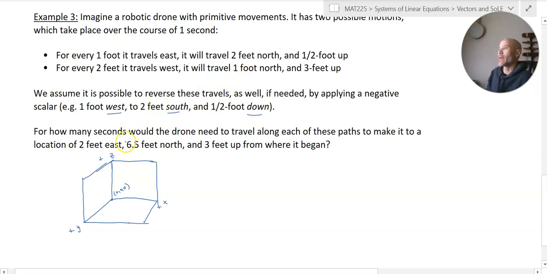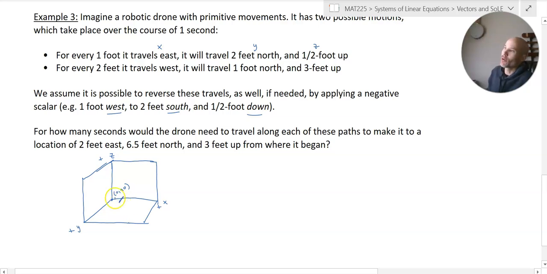Well, we want to make it to a location. If we think about the starting point of this drone as being 0, 0, 0, then we want to go 2 feet east. And use these components as X, Y, and Z. It doesn't have to be this way, but this is the way I'll choose to do it. And 1 foot east would be 1 unit this way.